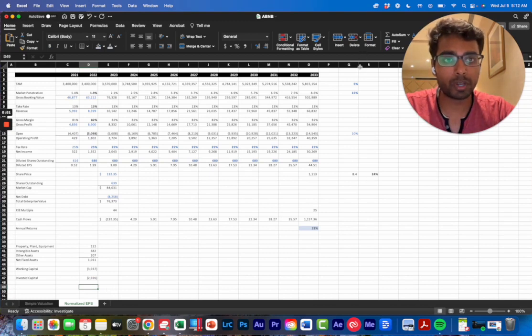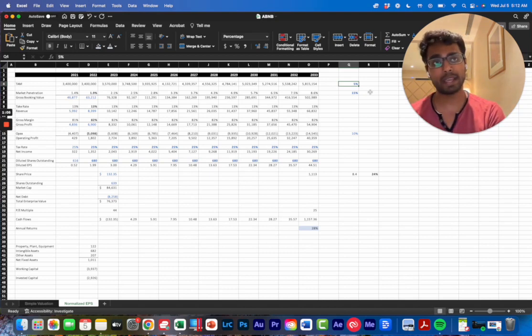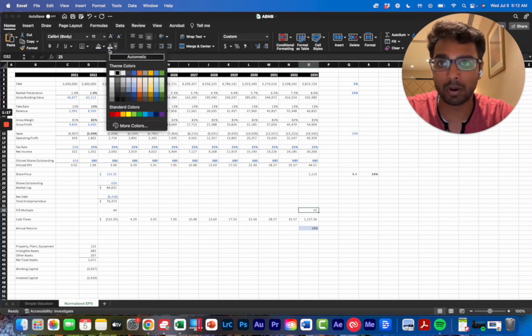So for the risk reward, you have to think probabilistically when it comes to investing. There are always different scenarios that can unfold, and you want to make sure it's a situation where it's heads I win, tails I don't lose much. So with something like Airbnb, there are three variables I would want to sensitize for.